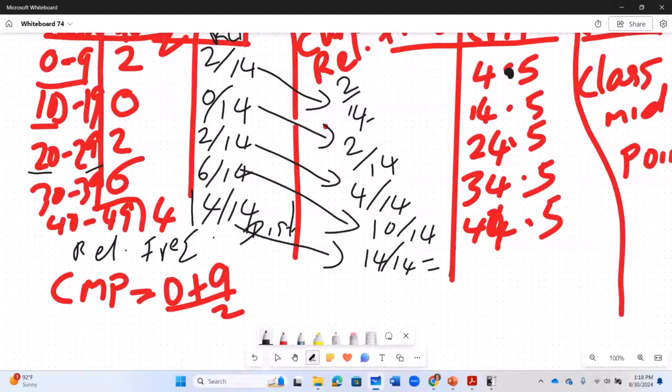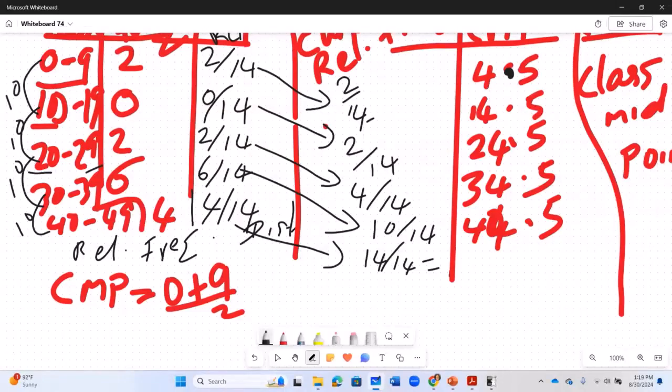By the way, I want you to notice that the distance between consecutive lower limits is equal here. 10 minus 0 is 10. 20 minus 10 is 10 again. 30 minus 20 is 10. 40 minus 30 is 10.